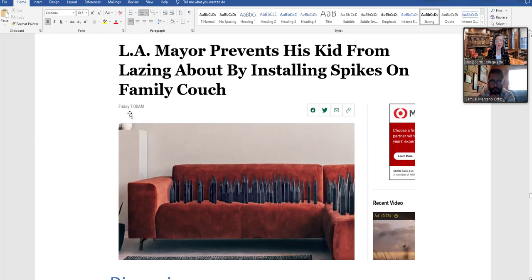And so here is an example. LA mayor prevents his kid from lazing about by installing spikes on family couch. Do you think that really happened? No, it wasn't spikes. It wasn't on the couch. Right. Or they're rubber. But the guy was just trying to prove a point to his kid, and so you would inflate your headline.